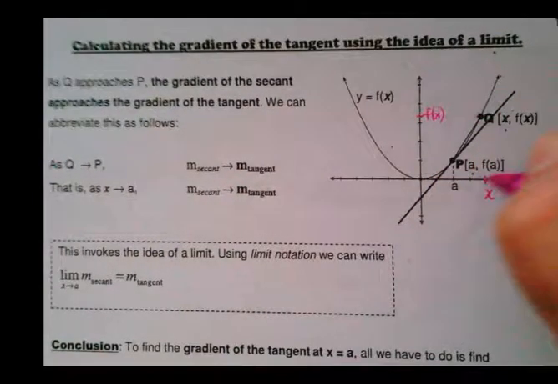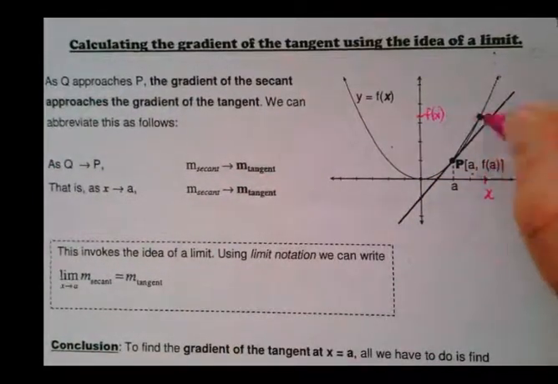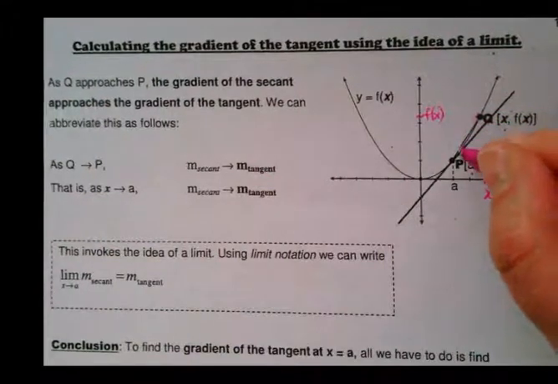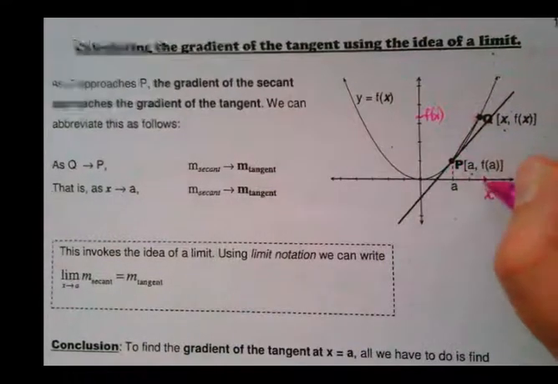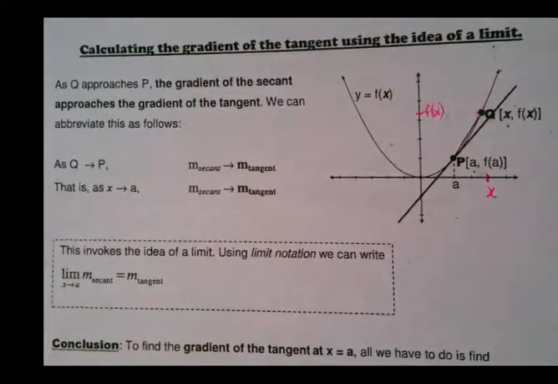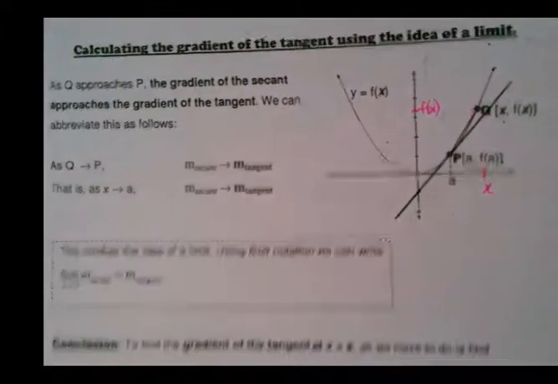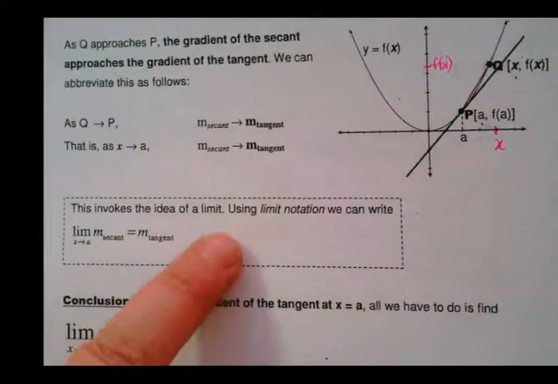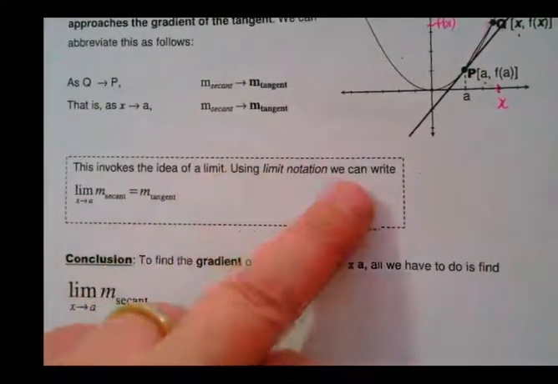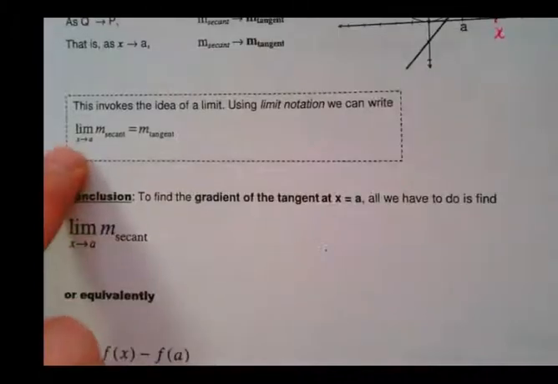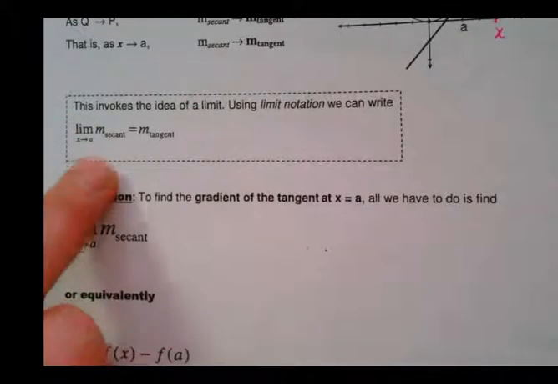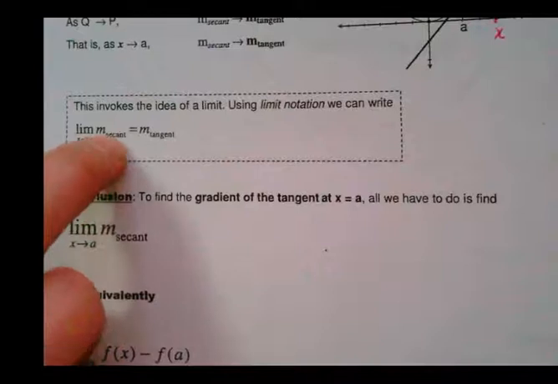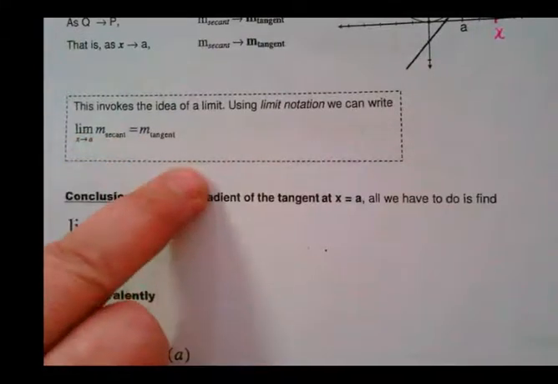So this is x, function of x, but as Q gets closer and closer, as this value of x gets closer to that value of A, the gradient of the secant approaches the gradient of the tangent. So this invokes the idea of a limit. Using limit notation, we can write this as the limit as x approaches A of the gradient of the secant equals the gradient of the tangent.